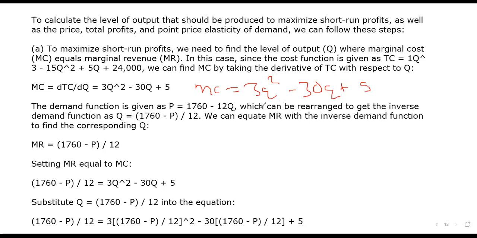To find the marginal revenue, the shortcut, if you're given a price function, is as follows. If price is equal to 10 minus 4q, marginal revenue is simply 10 minus 8q. We just multiply by 2 here.